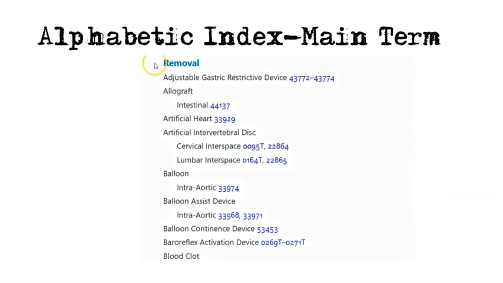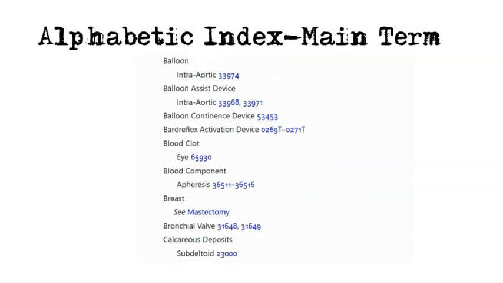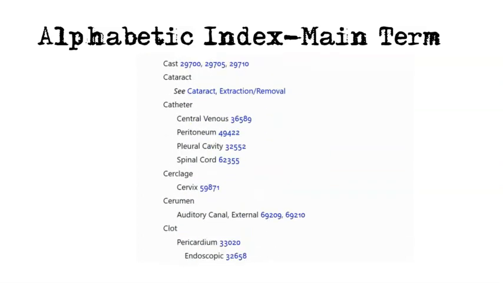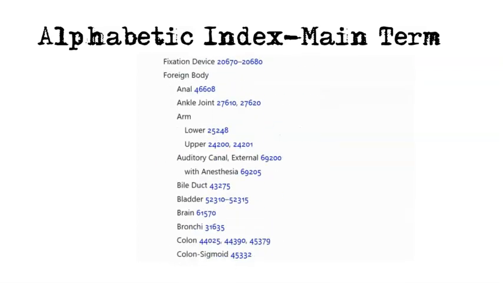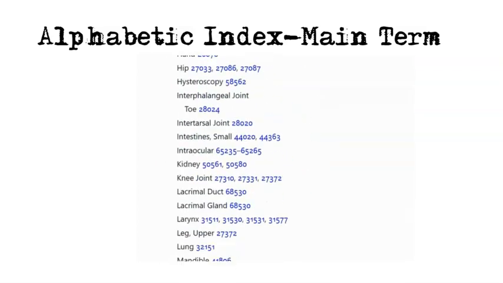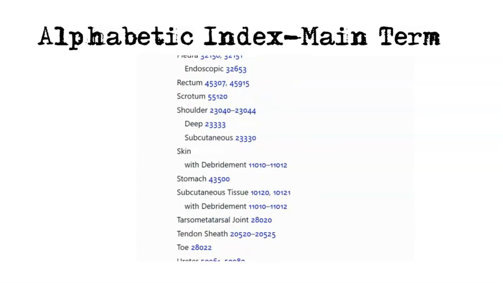In this case, the procedure is removal. The index will lead you to the CPT code or codes for the removal of skin tags. Then you will look for the subterm skin tags.